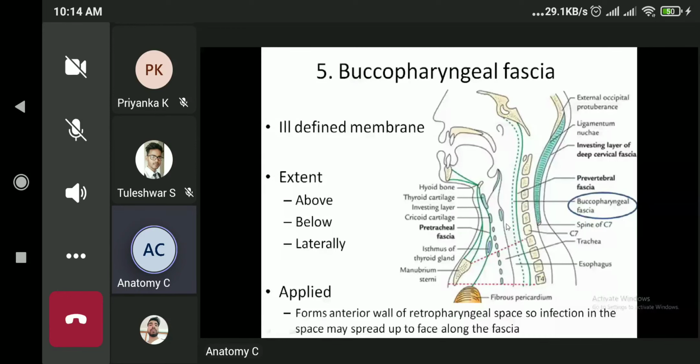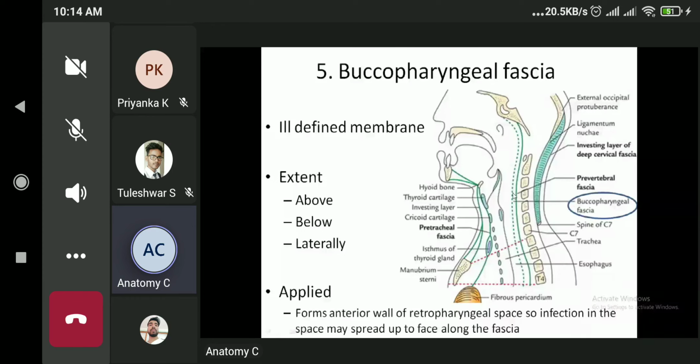Then the fifth modification of the investing layer is the buccopharyngeal fascia. Remember, it is represented here by this dotted line because it is actually an ill-defined membrane, and it is considered the epimysium of the pharyngeal muscle.